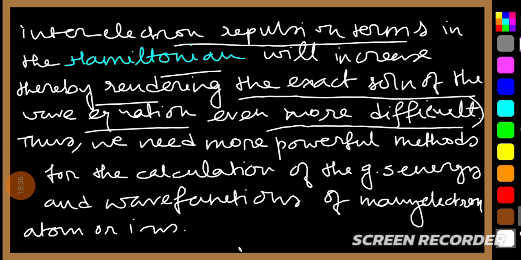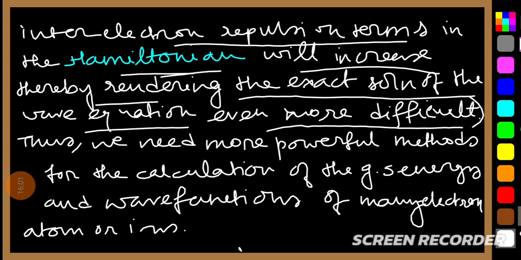Right? If repulsion is created, the repulsion can affect the stability and the energy of the system. And total energy of the system means what? That is called the Hamiltonian operator. The repulsion terms in the Hamiltonian will increase because stability decreases, thereby rendering the exact solution of the wave equation even more difficult.